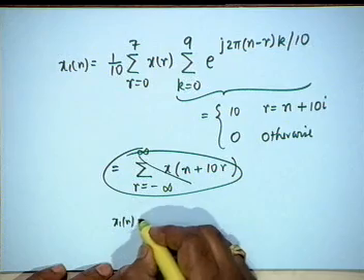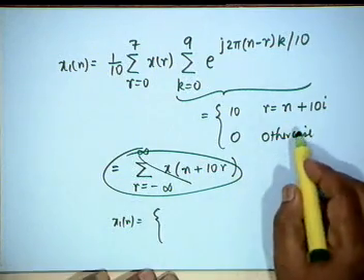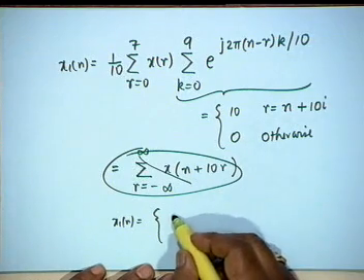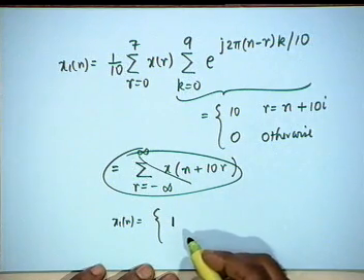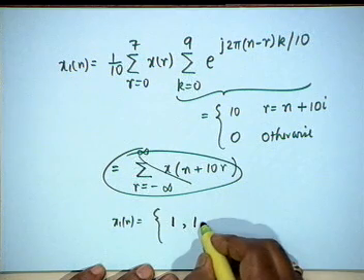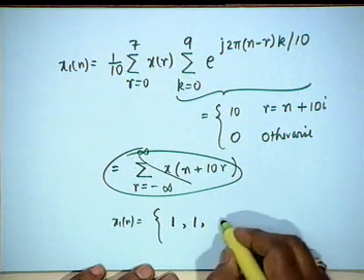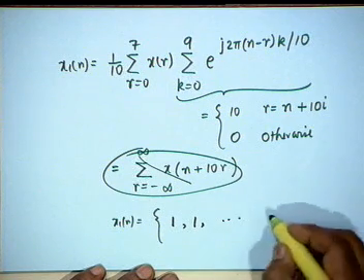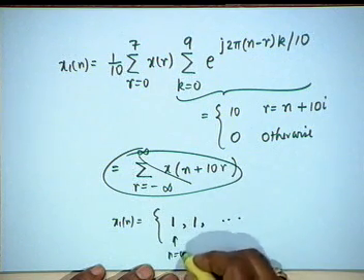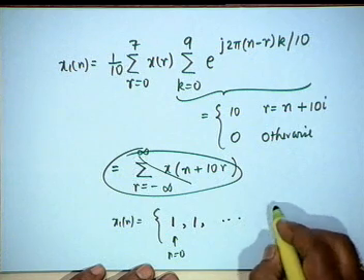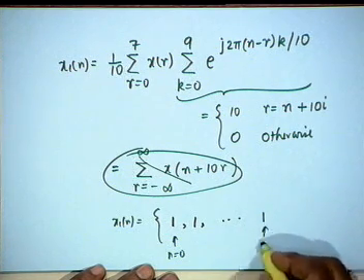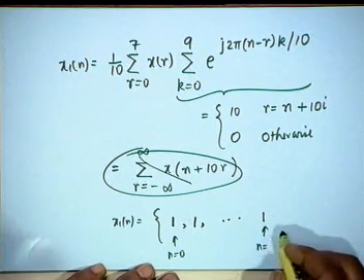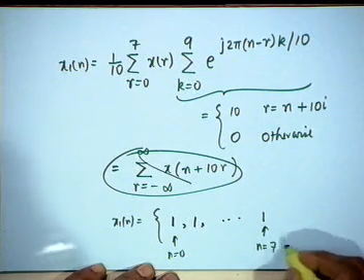X 1 of n, when n equal to 0, it is 1, n equal to 1, it is 1, and so on. N equal to 8, not 8, 7. Up to 7 it exists.